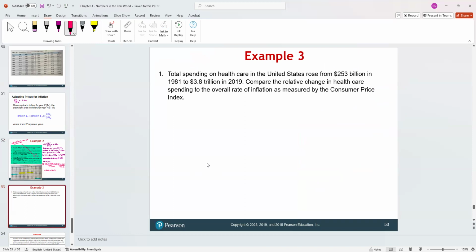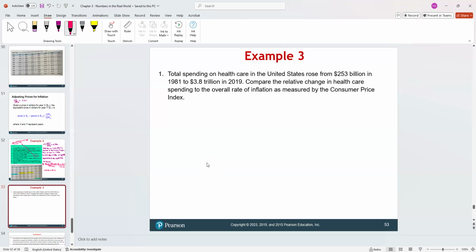In the next exercise, we talked about the total spending on healthcare in the United States, which rose from 253 billion in 1981 to 3.8 trillion in 2019.